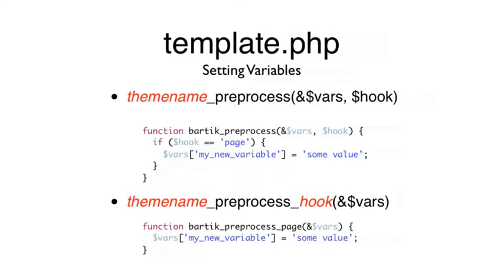You'll notice that in both of these examples, $vars is being passed in, and that is where all of your variables are that then at the very end get sent to your template files. So you can say $vars, my new variable, equals some sort of value, and that will then be available to you in your other files.